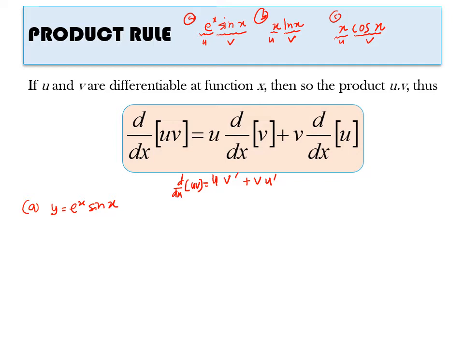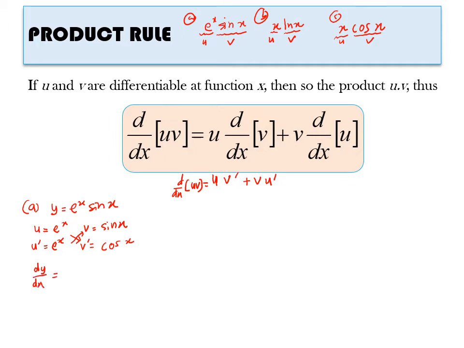So u is equal to e^x. Your v is equal to sin x. So your u prime, you differentiate e^x with respect to x, you'll get e^x, and for v prime you'll get cos x. So now we just put in the product rule formula.